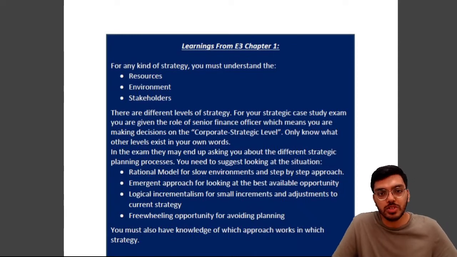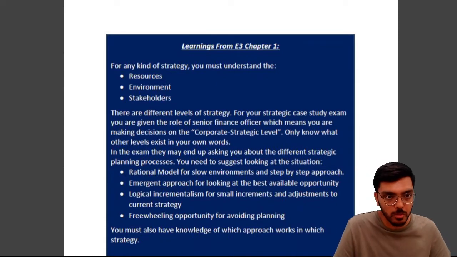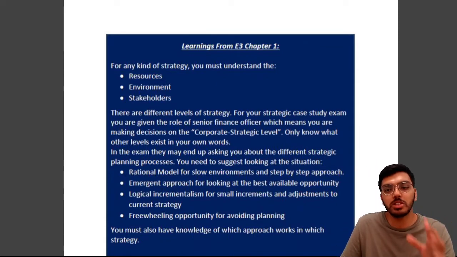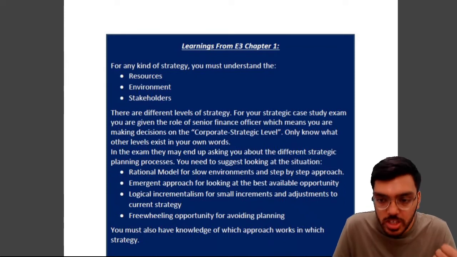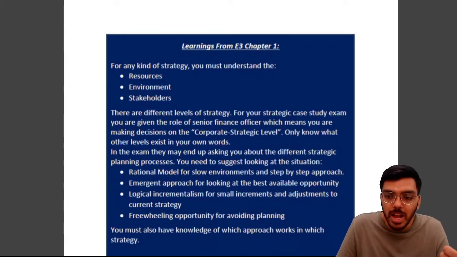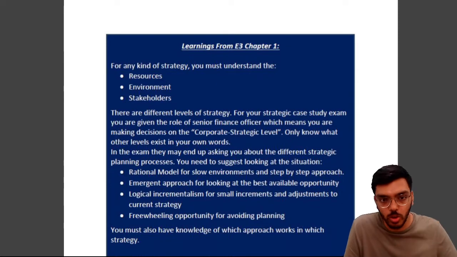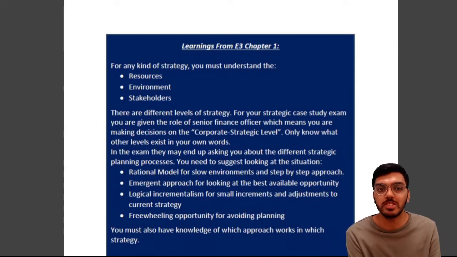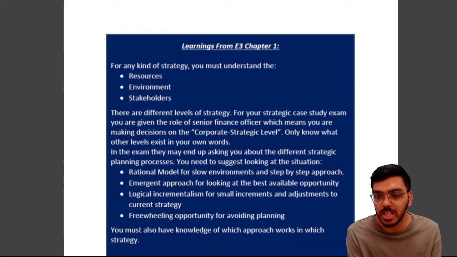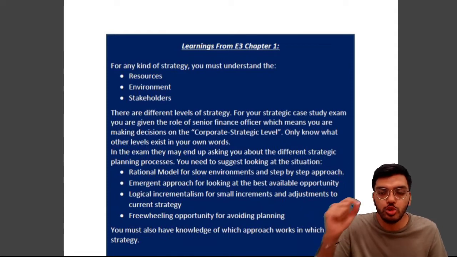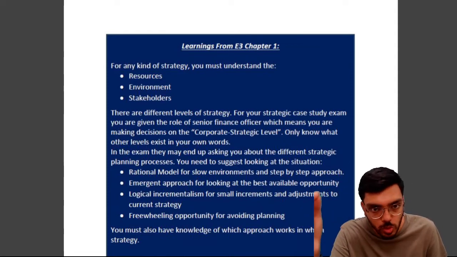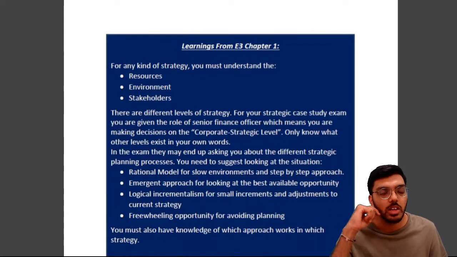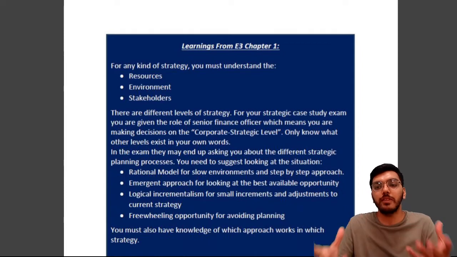For any kind of strategy, which is topic number 1, you must understand the resources, the environment, and the stakeholders. So from chapter number 1, you must simply know that when implementing any strategy, you should be thinking about the resources that we will require, the environment that I'm going to operate in, and the stakeholders that will be affected.